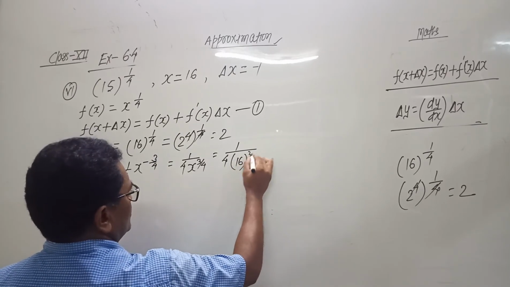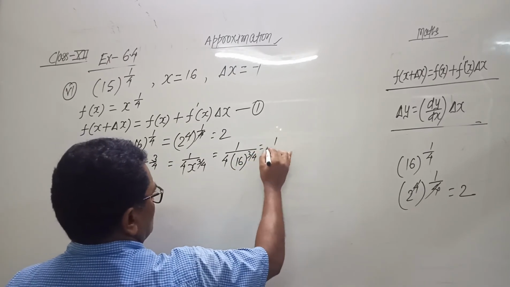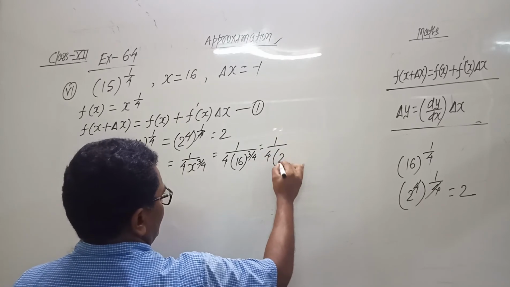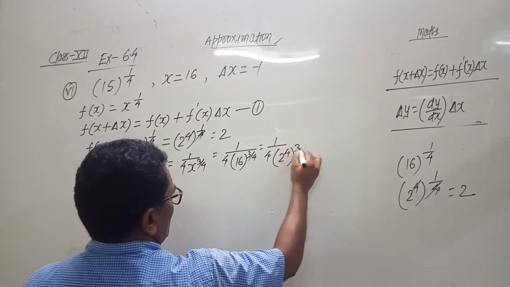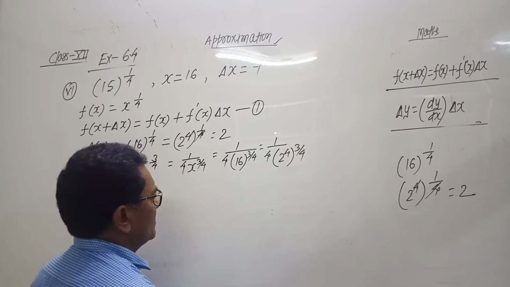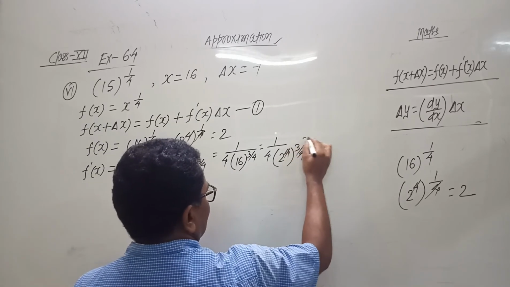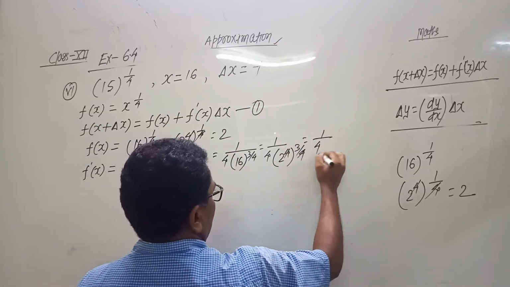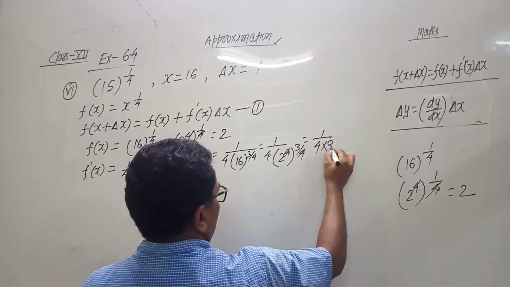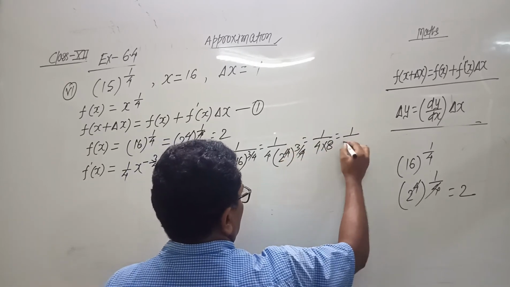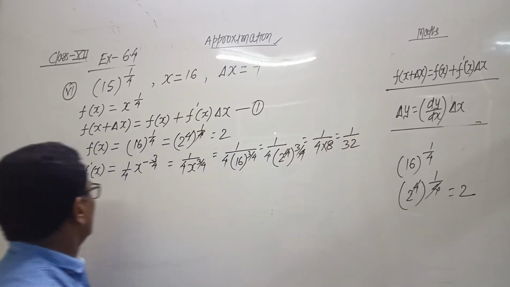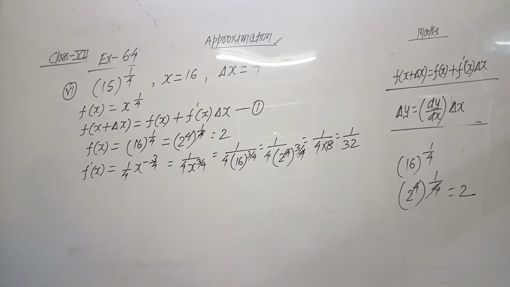So 16 raised to the power 3 by 4. So 1 by 4, 16 can be written as 2 raised to the power 4 whole raised to the power 3 by 4. 4 and 4 cancelled. So 1 by 4 into 2 raised to the power 3, we get 8, means 1 by 32. This is the value of f dash x.